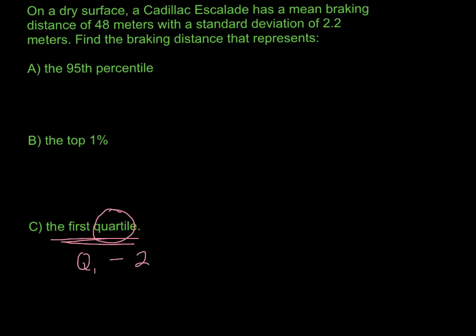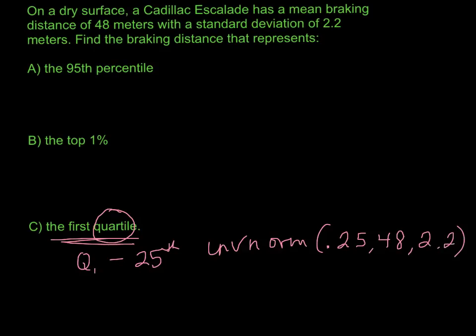That represented the 25th percentile. So I would do inverse norm for this problem. If I want the first quartile, I would put 0.25. My mean, again, is 48 meters. My standard deviation, 2.2. And I get 46.5 meters.